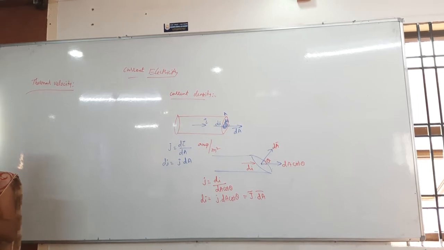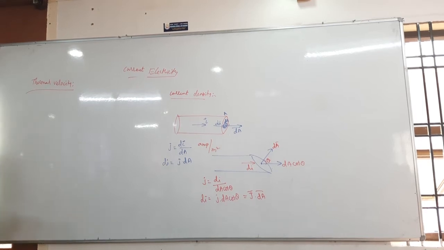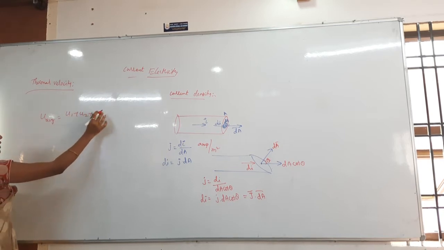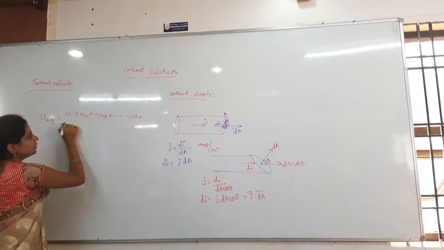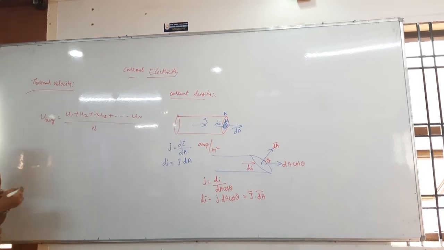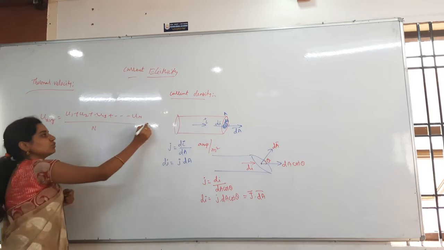Due to that, the net average velocity, u average, is equal to u1 plus u2 plus u3 and so on up to un, divided by the number of electrons n. It will become how much? 0. Why?